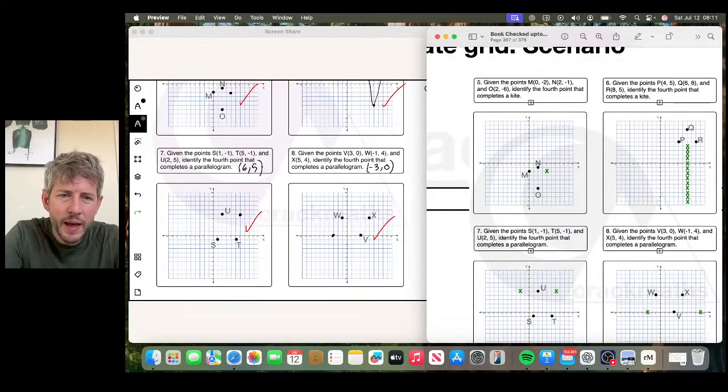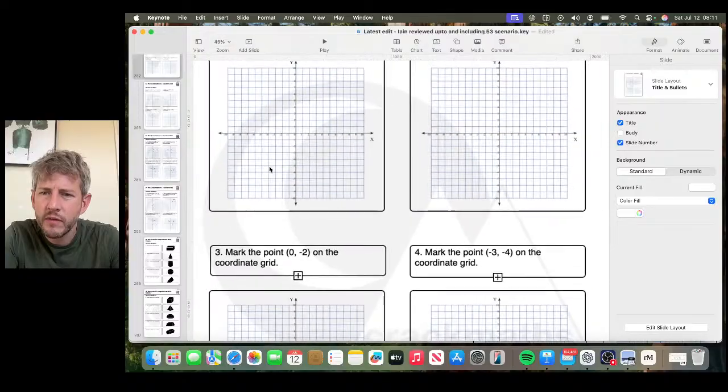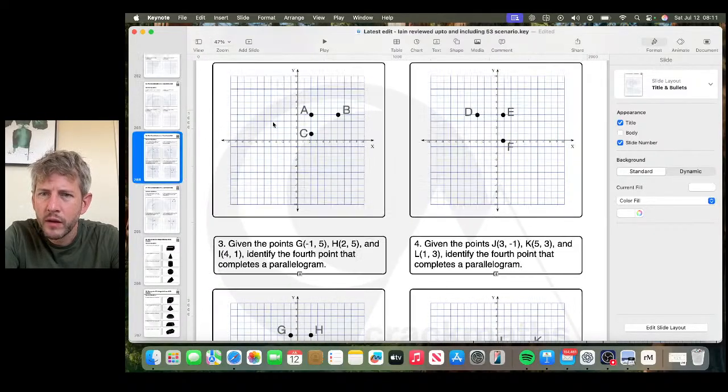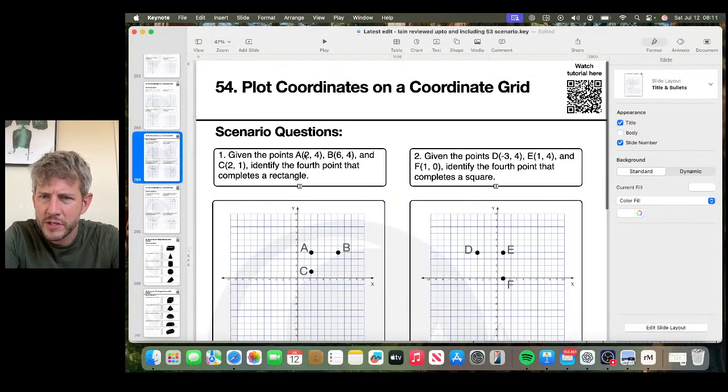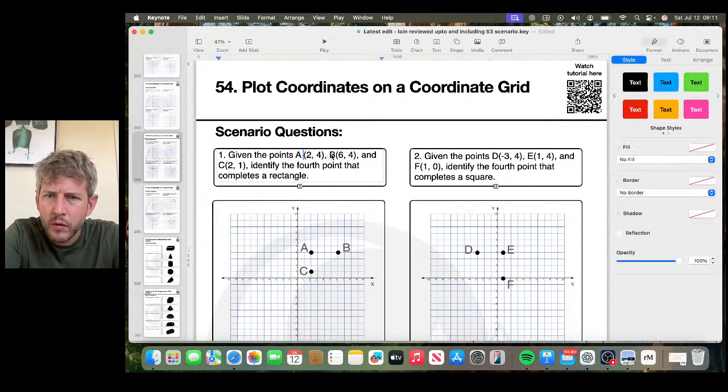I am actually going to do a quick bit of editing on this because I haven't left a space between here and here. I know it's very small, but it doesn't look nice.